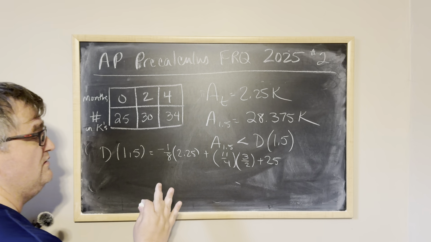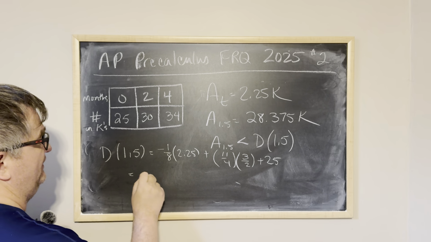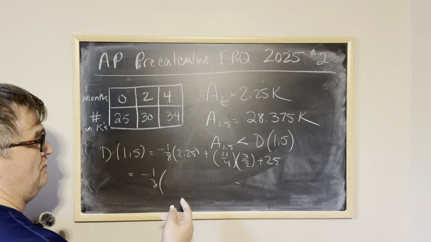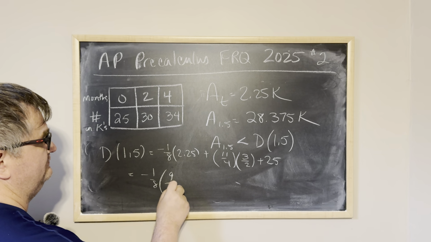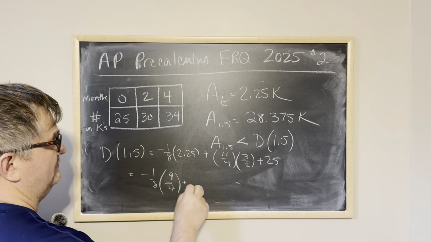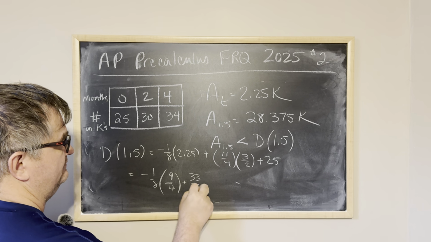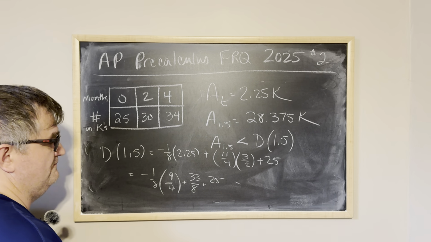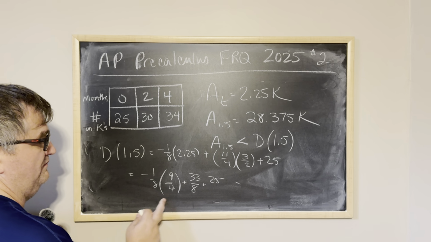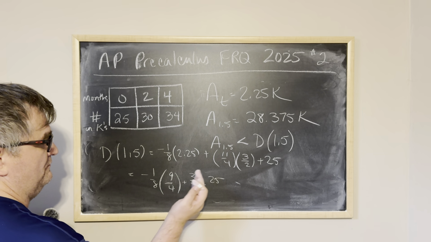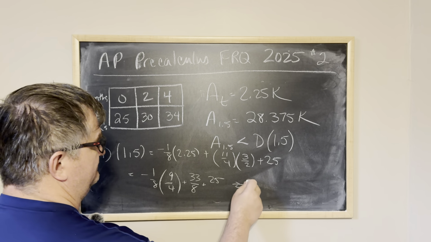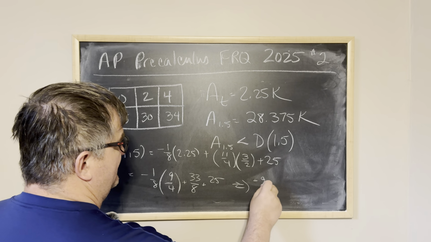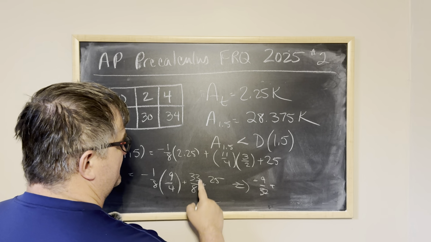Okay. What you find out is this is negative 1/8. So 2.25 is 9/4 plus 25. And so now I have everything. I'm going to reduce this over here. This is negative 9/32 plus multiply by 4.